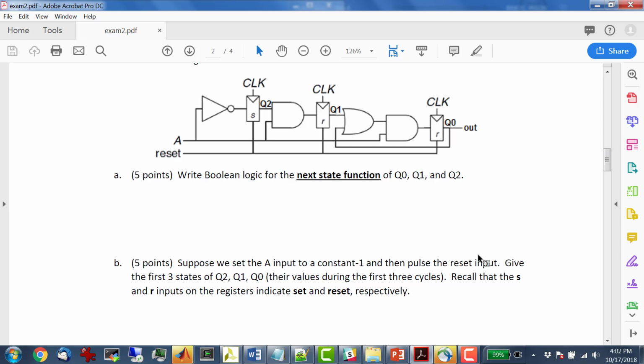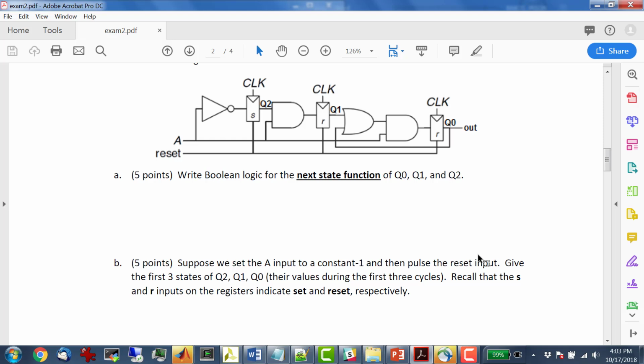Yeah. So at time 0, or at the first cycle, the first state, the Q2 is going to get set. So that's a 1. And then the Q1 and the Q0 are both reset. So it's a 0, 0. And then from that point, we have to look at the next state logic.